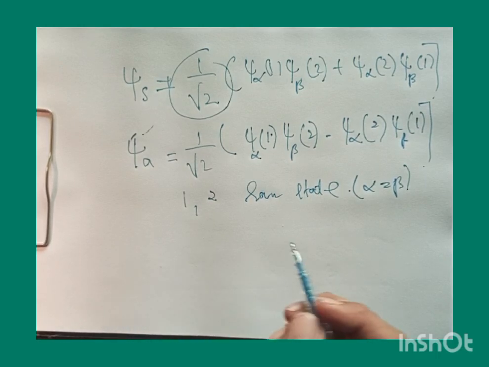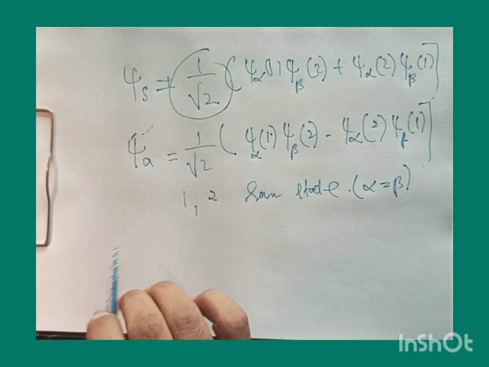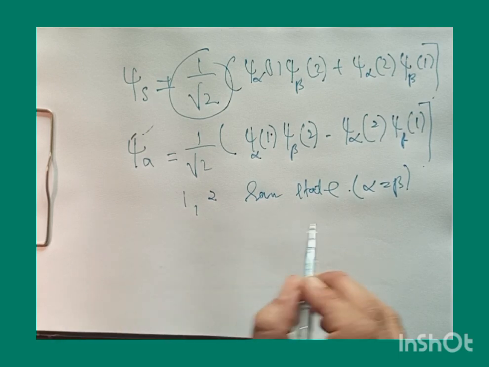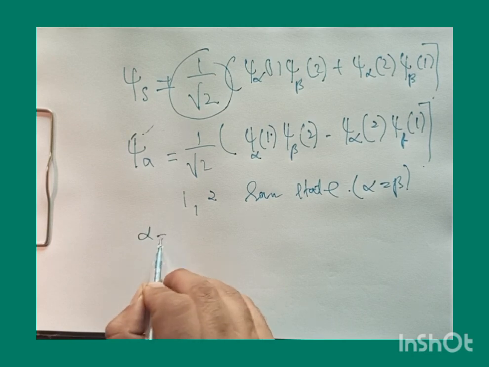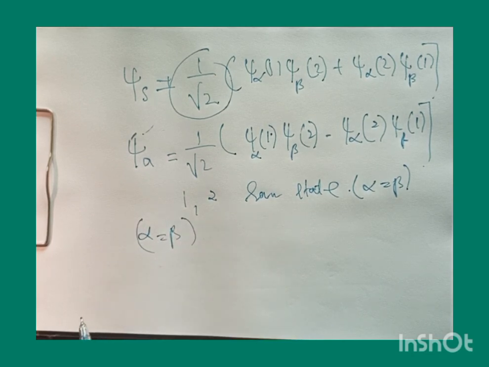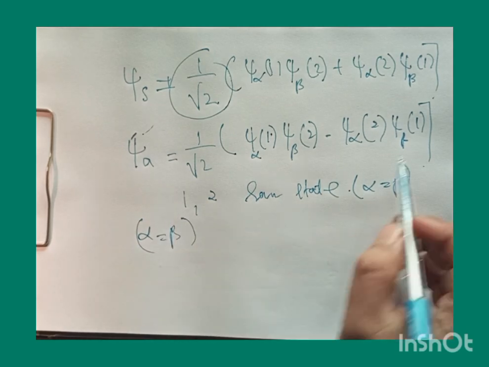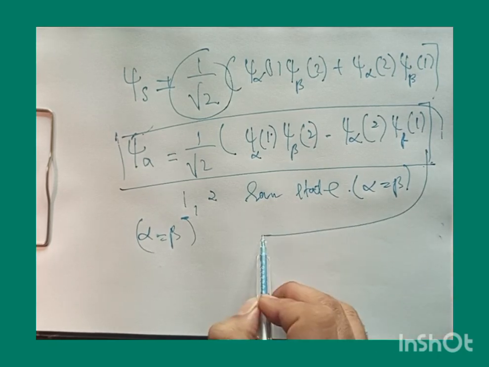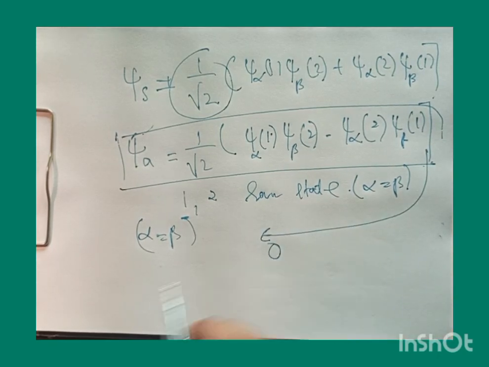In the antisymmetric case, if we have alpha equal to beta, this psi A will immediately be equal to 0. Hence, the two particles cannot be in the same quantum state.